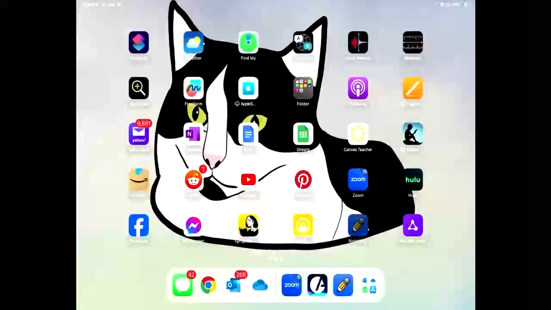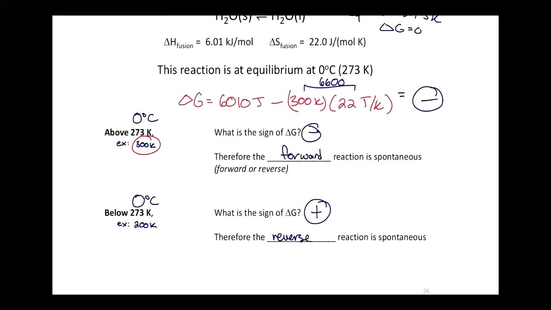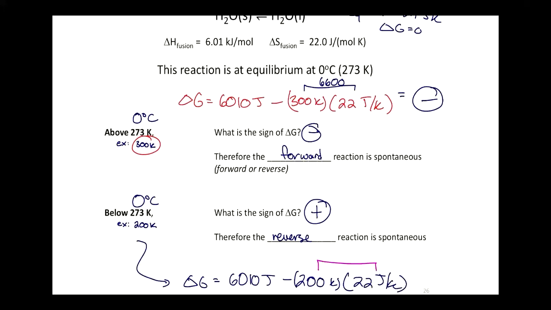Let's place that number inside our delta G equation: 6,010 joules minus 200 Kelvin times that entropy change. And if you calculate this T delta S term, I think it's something like 4,000 joules. And so what you see is a 6,000 number minus a 4,000 number, a positive number comes out.